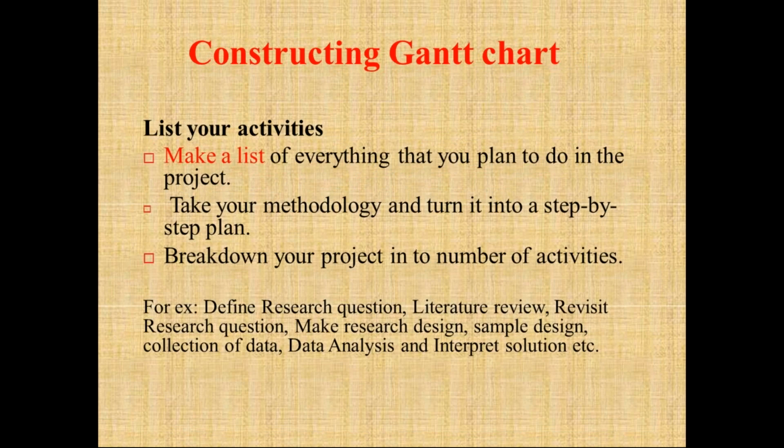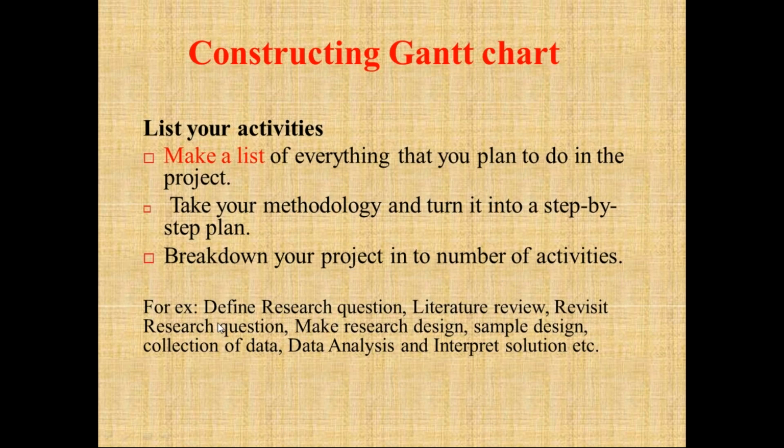So how to construct a Gantt chart? First of all, we need to make a list of activities. First, make a list of everything that you plan to do in a project. Take your methodology and turn it into a step-by-step plan. Break down your project into a number of activities. For example, if you're doing research work, these can be the various steps.